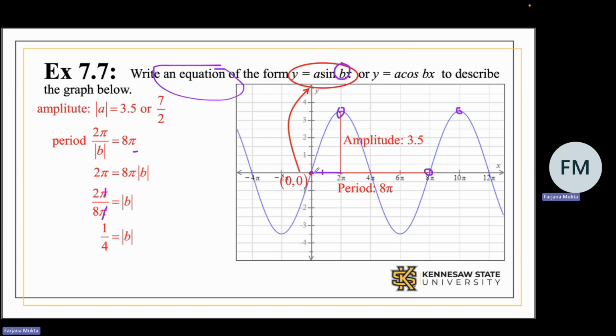So the graph is positive for the first quadrant. Since the graph is positive for the first quadrant, that means both our a and b have to be the same sign. Either both have to be positive or both have to be negative.